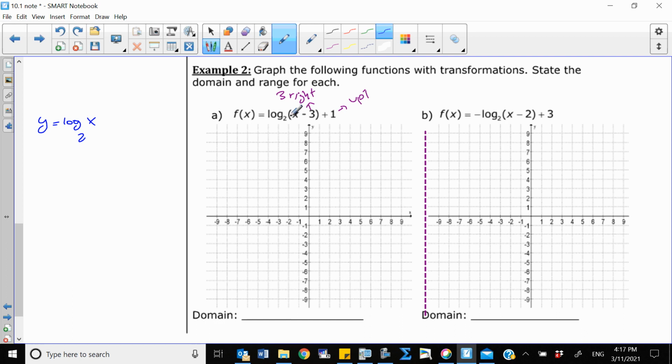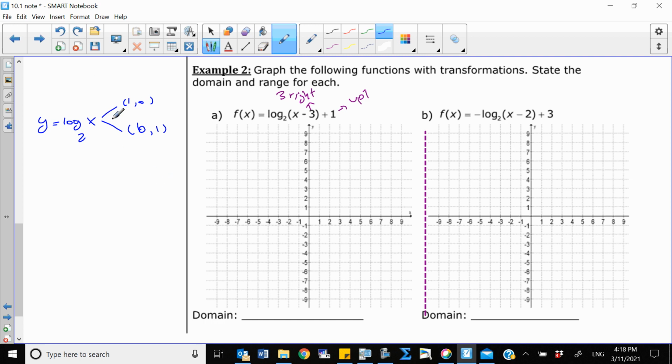And we have learned that any parent log function has 2 specific points. One of them is 1 and 0. The other one is base and 1, these 2 points. So I can use these 2 points as my parent function and then do the transformations on them.